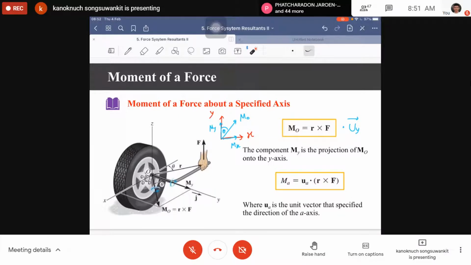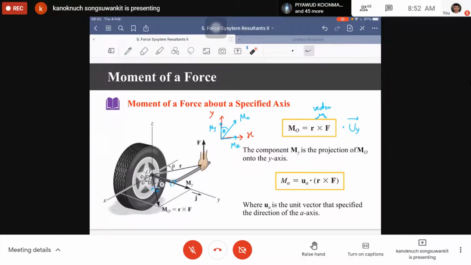So R cross F gives us a vector, the result is a vector, and we dot this vector with the unit vector again.